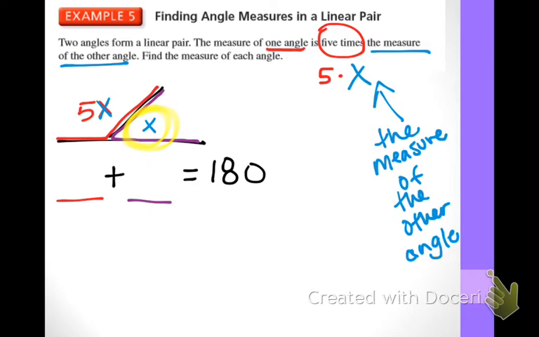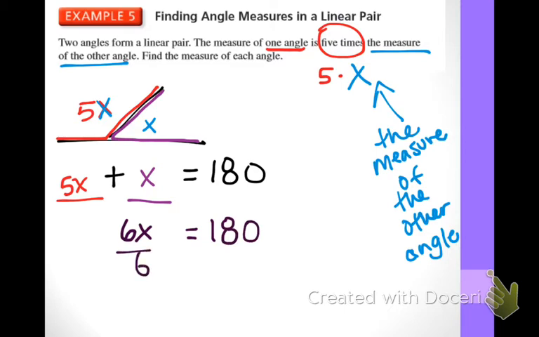So when we do this equation, it's going to be 5x plus x. It represents 5 times the measure of the other angle plus the other angle. They'll both added together equal 180. From here we solve. What is 5x plus x? 6x. If it were multiplying, that would be correct.